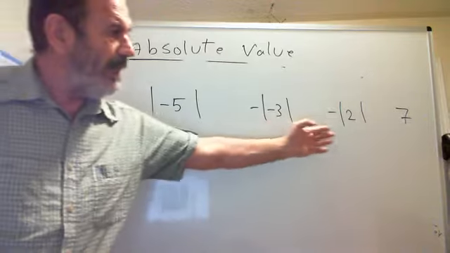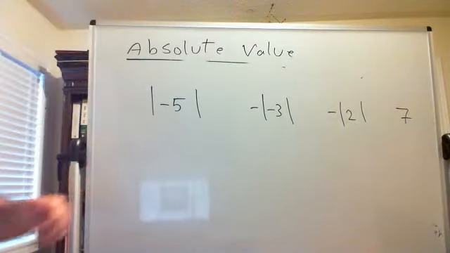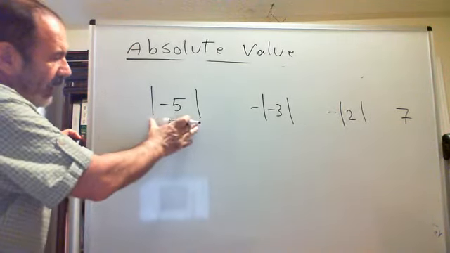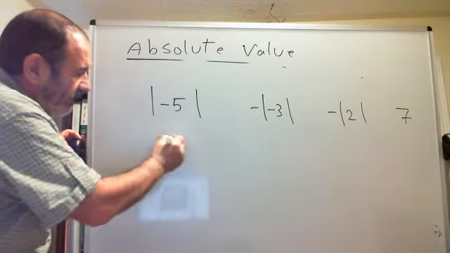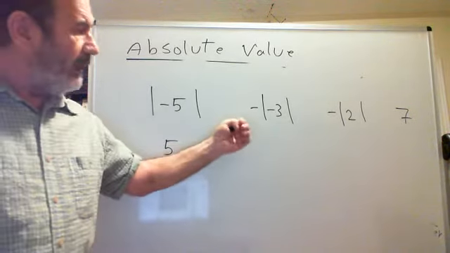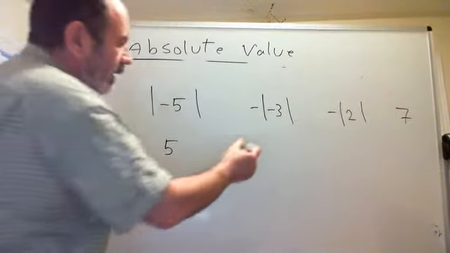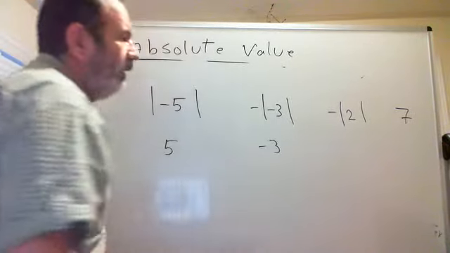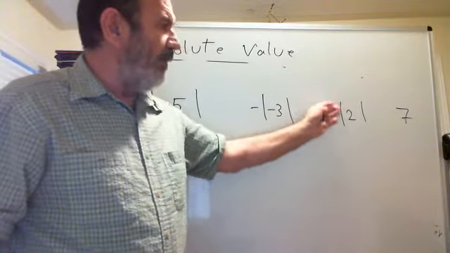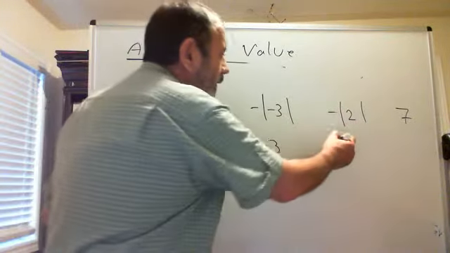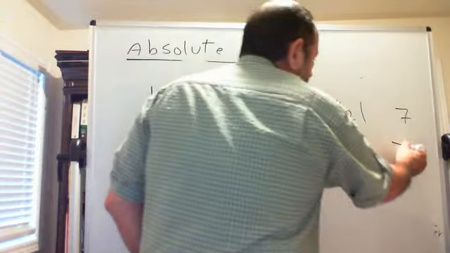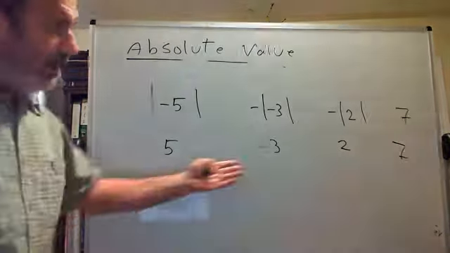Because these numbers have absolute values, first we have to calculate. The absolute value of negative 5 is 5. For this one, the absolute value of negative 3 is going to be negative 3. The negative absolute value of 2 is going to be 2. And this one is the same number. So, these are the results.